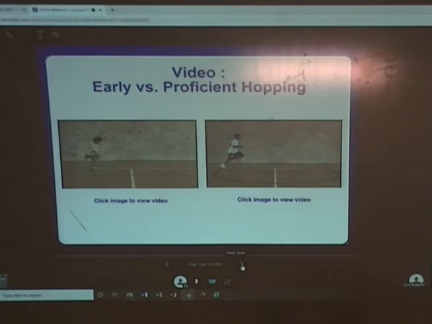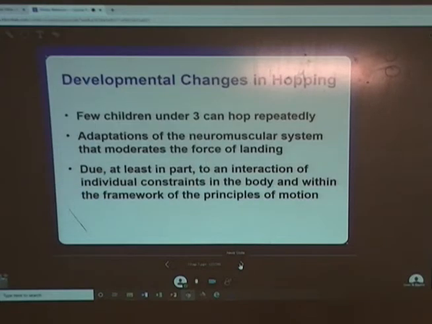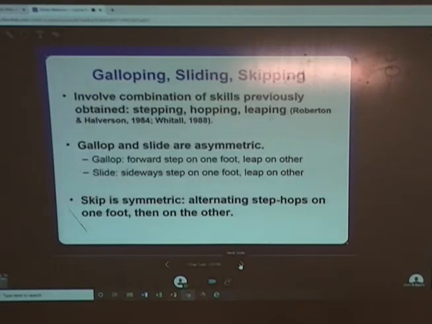So you're going to cover hopping. There's lots of film clips to help you. And I'll look at galloping and sliding. Okay, you have observation plans in the book for, let me see, we've got an observation plan for standing long jump. Again, only two components, leg action, arm action.